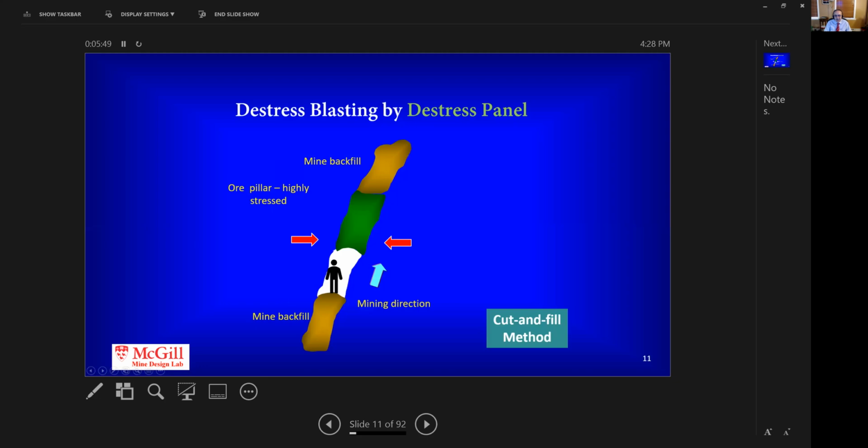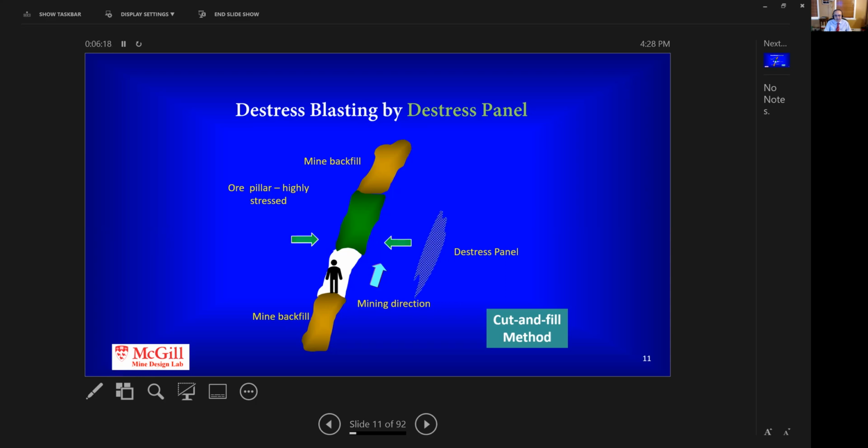If I take the same example of the cut and fill method, an alternative way to carry on with it is to go into the footwall or the hanging wall next to the crown pillar and find a means to distress a panel so that the high stress concentration in the crown pillar is reduced.